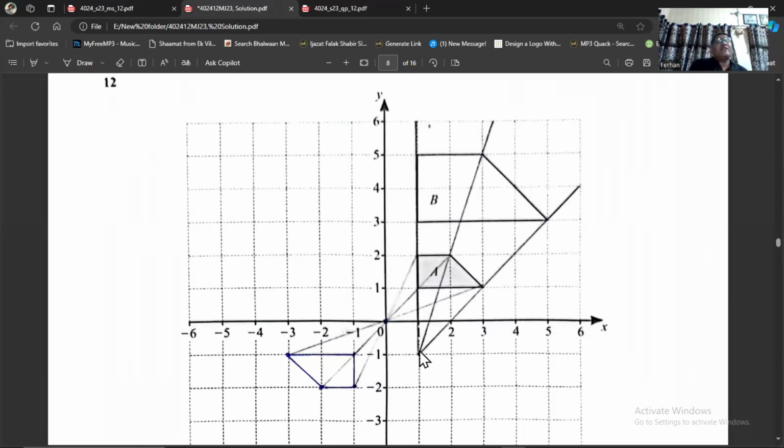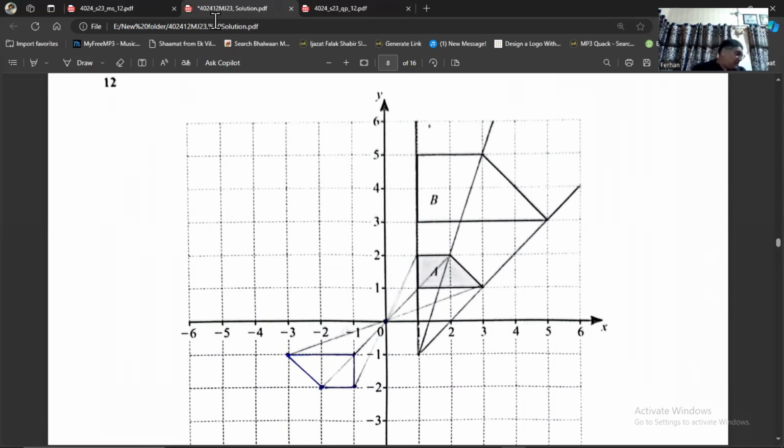Now I have to tell what is the scale factor of the enlargement, which can be found very easily. Look at this side. This is 1, and how much is this side in the image? That is 2. So the scale factor of the enlargement is the image length divided by the corresponding object length.